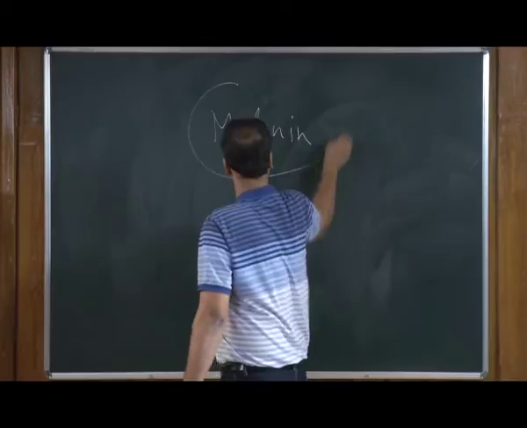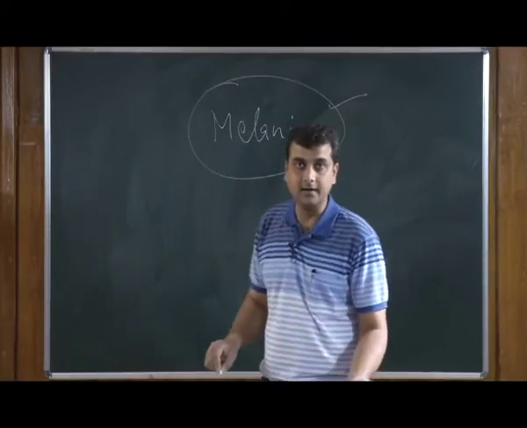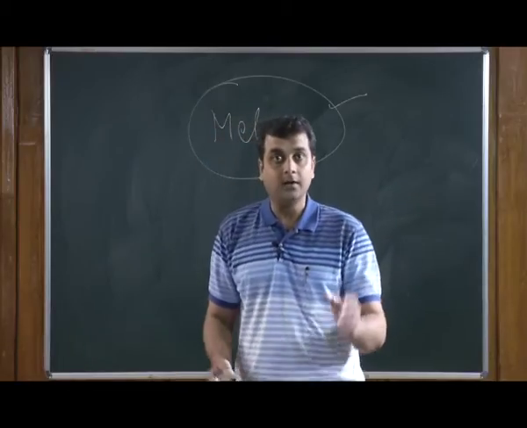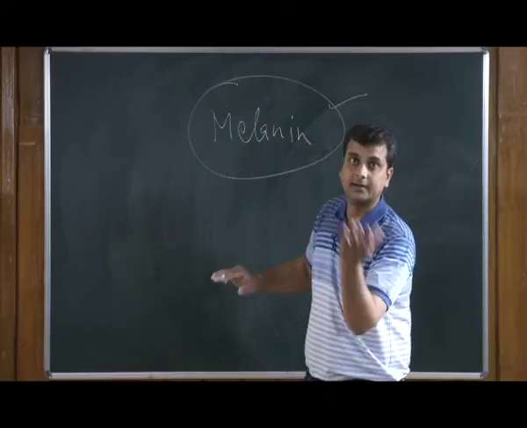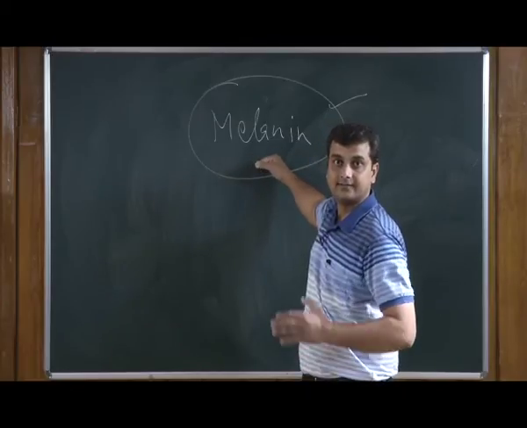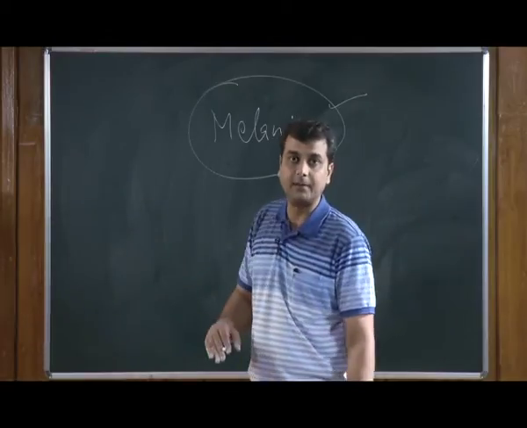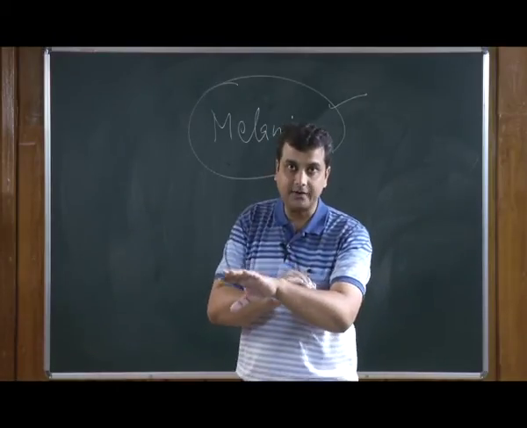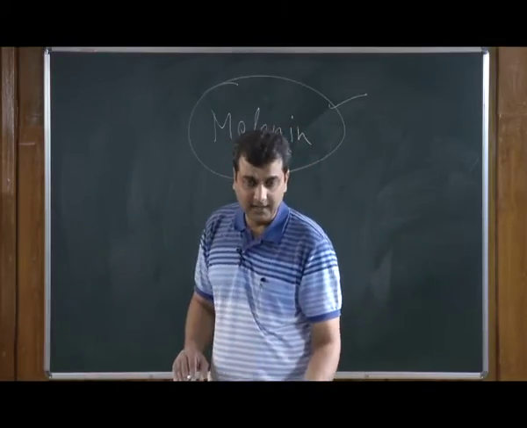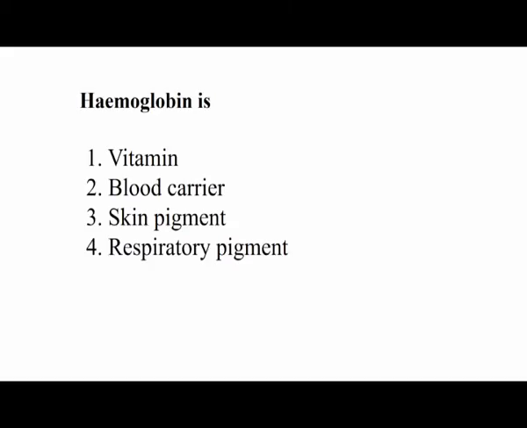The skin pigment is called melanin. So, melanin is not here, we are talking about hemoglobin. Of course, this question can be altered in some other aspect, where these are considered skin pigments. Melanin is a skin pigment that gives darkness to our skin. Similarly, these are not vitamin, not blood carrier, not skin pigment, but these are respiratory pigments.